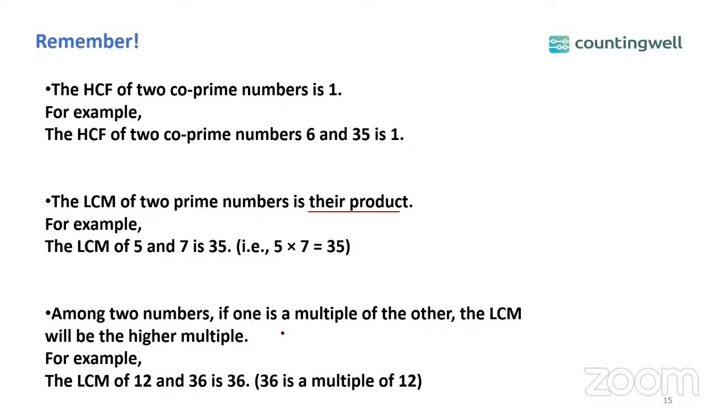We see that the multiples of 12 are 12, 24, 36 and so on. We see that 36 is one of the multiples of 12. That's why the LCM will be the higher multiple, which is 36.